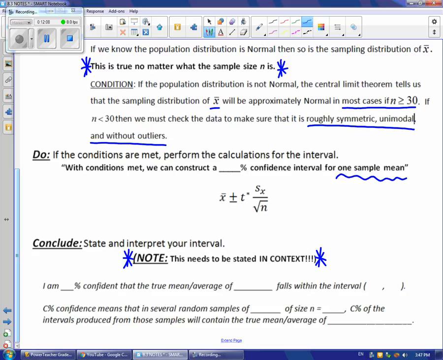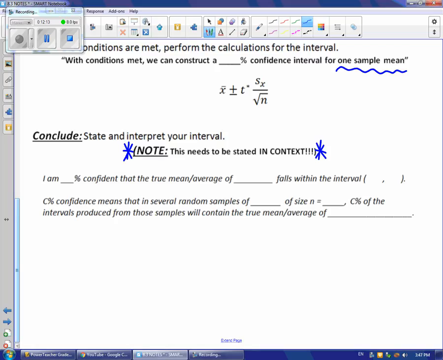Okay, so what is our interval and what does it say? Okay, I am, for example, 90% confident that the true mean or average of whatever we're talking about falls within, and then you state your interval. Okay, now if they ask you to interpret your interval, so what does your interval mean?